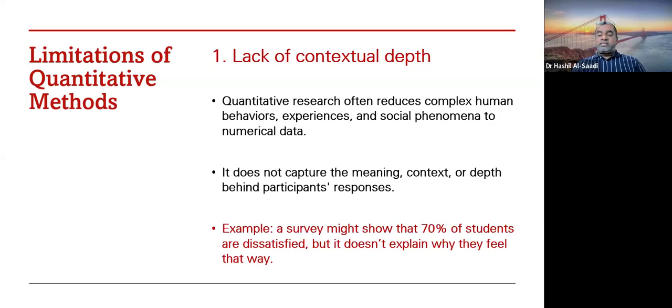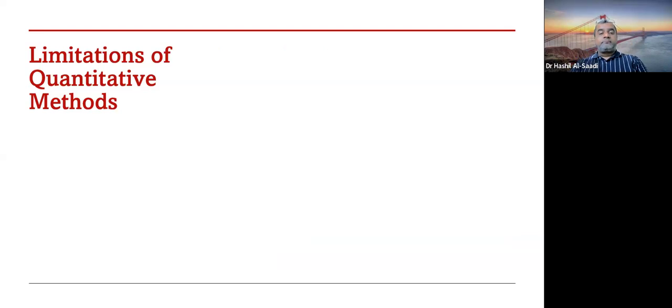A survey might show that 70% of the students are dissatisfied, okay? But it doesn't explain why they feel that way, all right? If the purpose is only to show the size, then that's 70%, fine, okay? But in most cases, it's not just enough to get the number. You need to understand why.